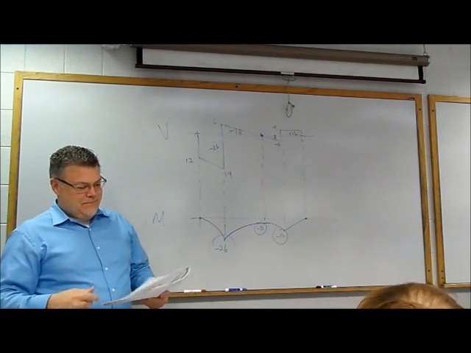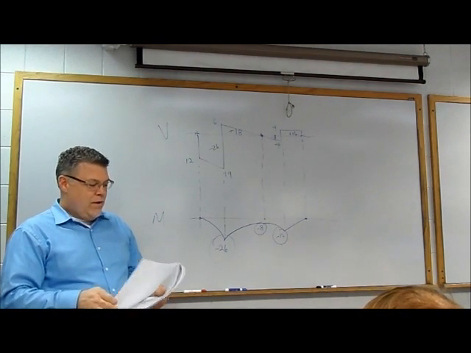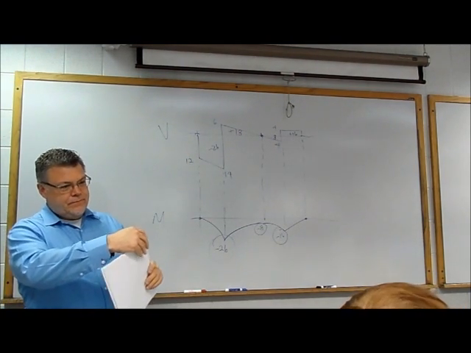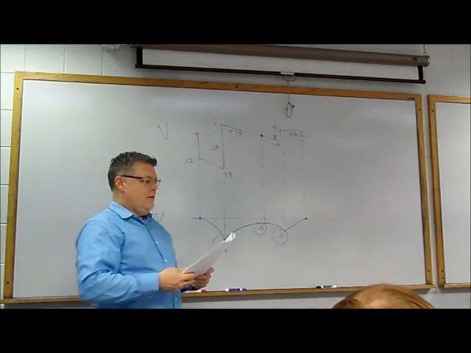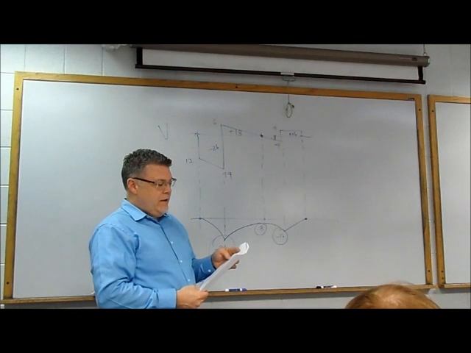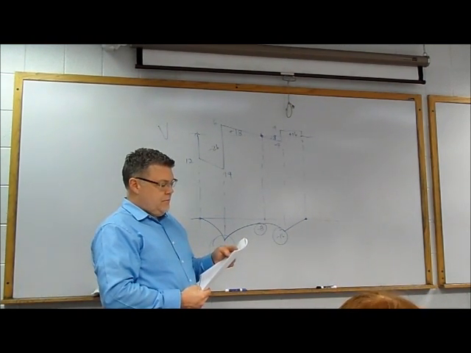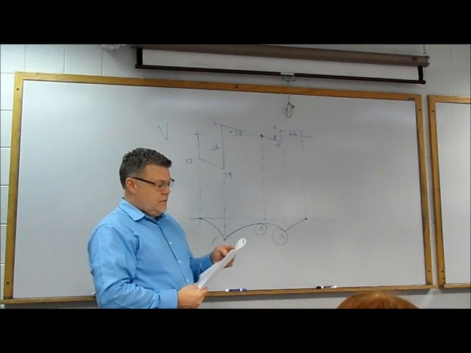All right, what else? 40. I thought we just talked about 40. Yeah, were you talking about 40? Okay. So we have a pressure, we have a diameter. The design stress is 68 megapascals.